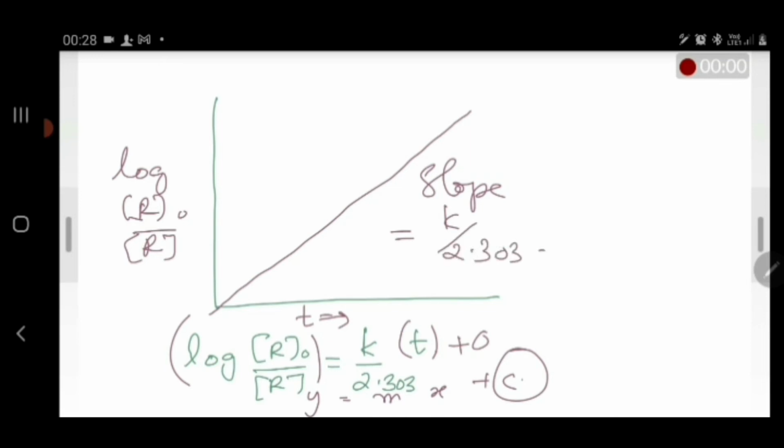So in the previous graph you can directly get k. Here you have to get the slope, and that slope has to be divided by 2.303.